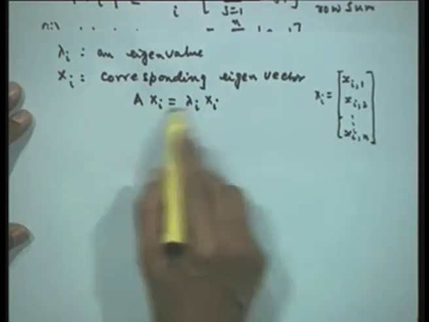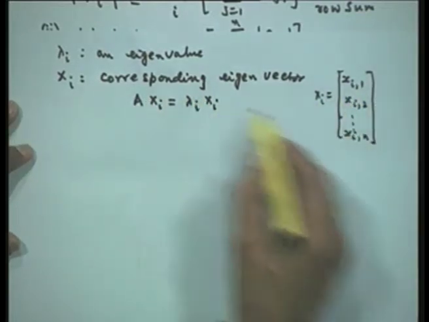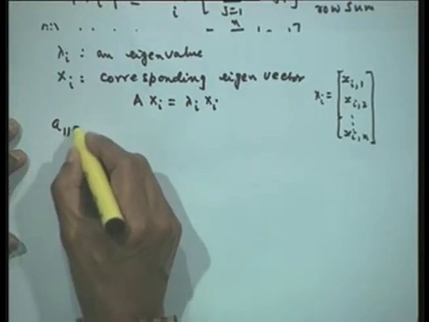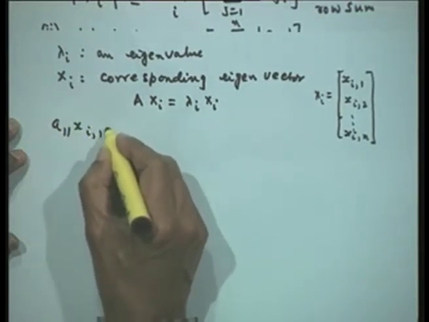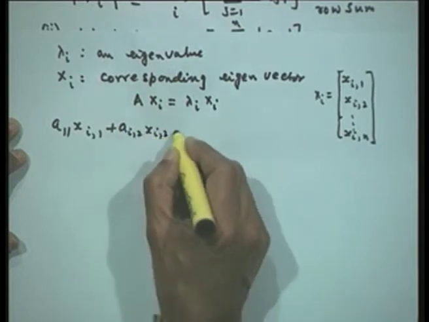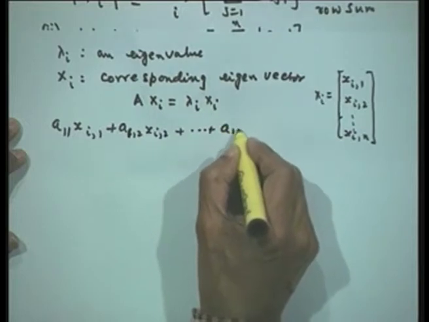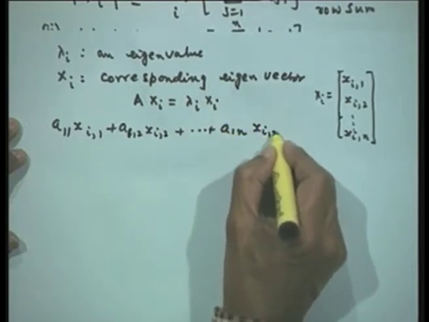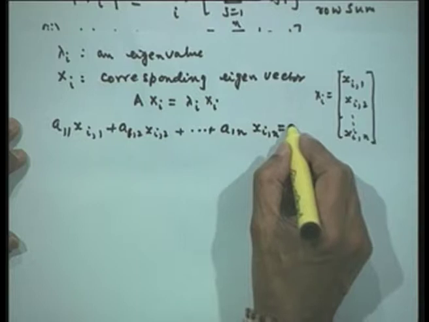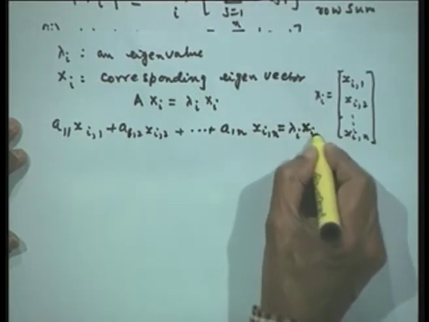Now let us open up A xi: a11 times this plus a12 times this and so on. So let us write down this system: a11 xi1 plus a12 xi2 plus ... plus a1n xin is equal to, on the right hand side, lambda i xi1.